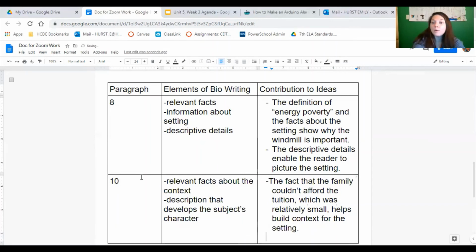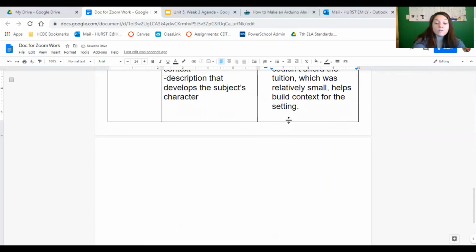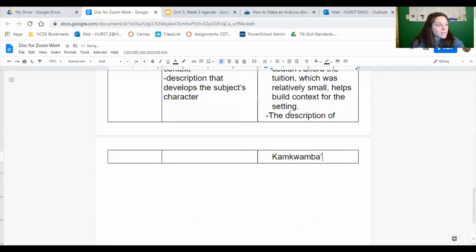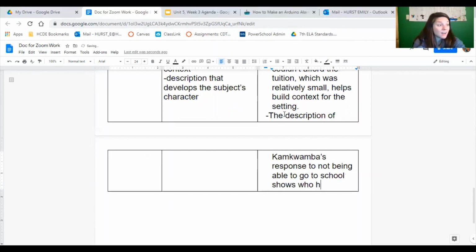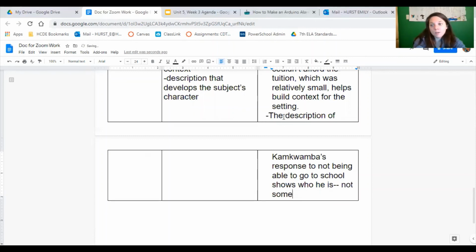Because now we know kind of the situation that this family is in, right? They couldn't afford an $80 a year tuition. Similarly, the description of Kamkwamba, I have trouble spelling his name, Kamkwamba's response to not being able to go to school, shows who he is as a person, right? He is not someone who gives up.